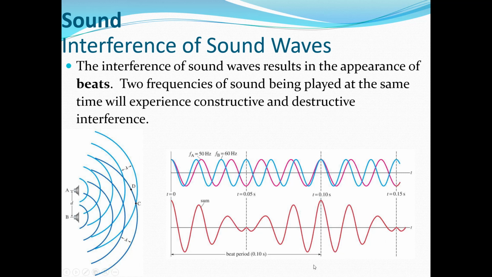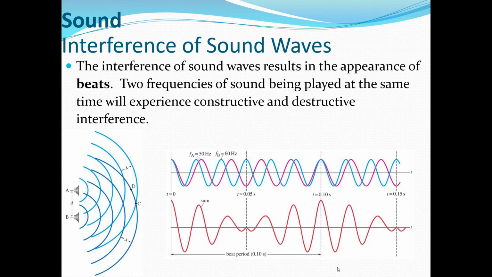And the beat period is the same as the period of anything. It's the time it takes to go from one section to the very equal next section. So from when they're in phase to the next time they're in phase, or the time between whoops, as I normally say it. So here, the beat period would be 0.1 seconds.